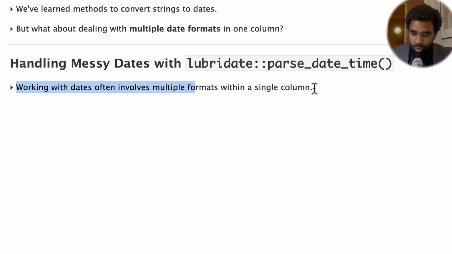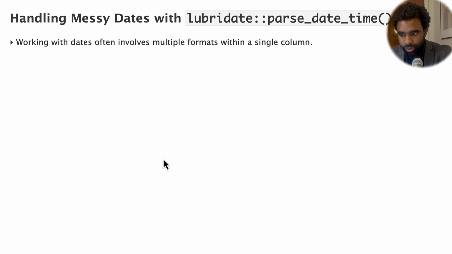This is very common when dates are hand entered by the person who is putting in the data. Generally, if your data comes from a software or a source where the dates are cross-checked, then you won't have this problem. But if people have to hand enter data into, for example, an Excel spreadsheet, you may end up with dates in multiple formats. So let's look at what we can do in such a case.